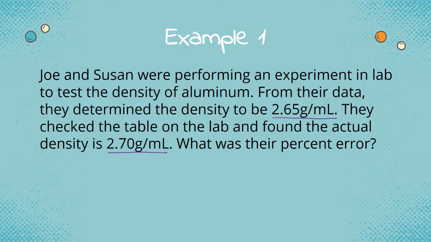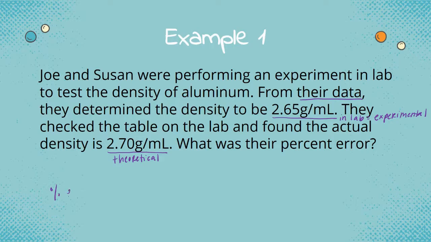So as I read this, it says from their data. So this is a number that they got in the lab. So this number is my experimental. And they checked the actual density or the known density, and they found that the theoretical is 2.70. So now that I have my numbers labeled, I'm ready to plug it into the equation.